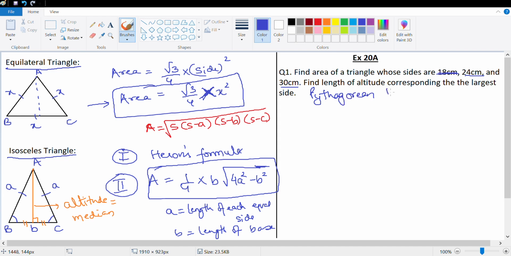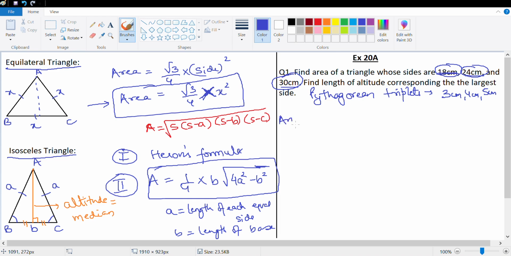The simplest one is 3 centimeter, 4 centimeter, 5 centimeter, which means the sides are in the ratio 3:4:5. To me, this is 6 into 3, this is 6 into 4, this is 6 into 5. So these definitely form a Pythagorean triplet, which means I am looking at a right angle triangle.